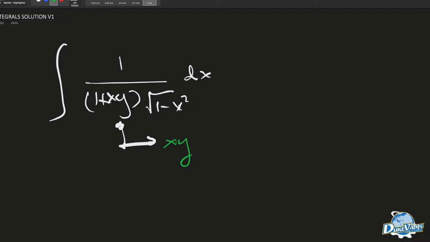Before we start, we can make an assumption: let's substitute x to be equal to sine theta. If we say that, the limits given were 0 and 1.